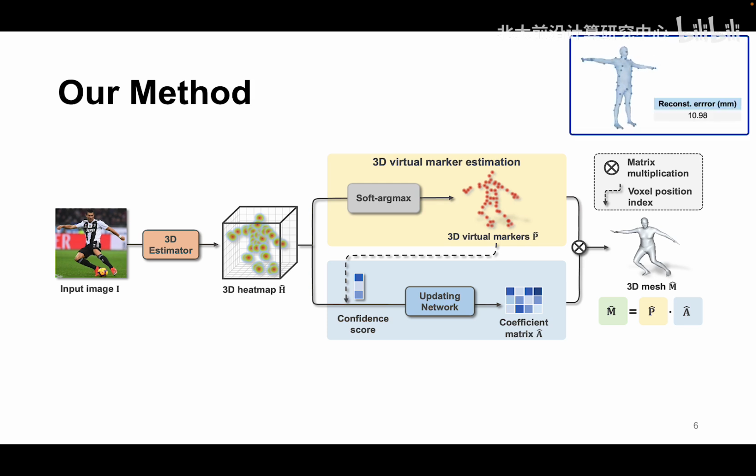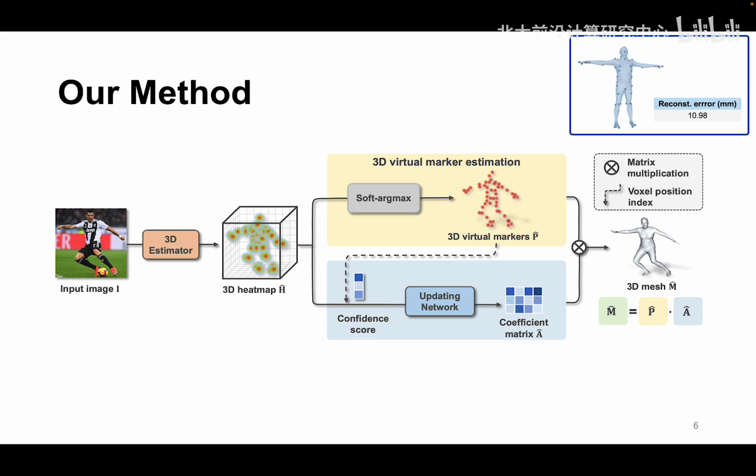Ideally, if we have accurate estimates for all virtual markers, then we can recover the complete mesh by simply multiplying them with a fixed coefficient matrix. However, in practice, some markers may have large estimation errors because they may be occluded in the monocular setting. Note that this happens frequently. For example, the markers in the back will be occluded when a person is facing the camera.